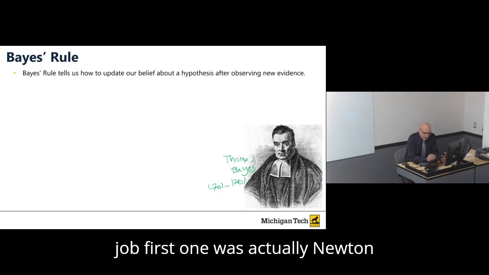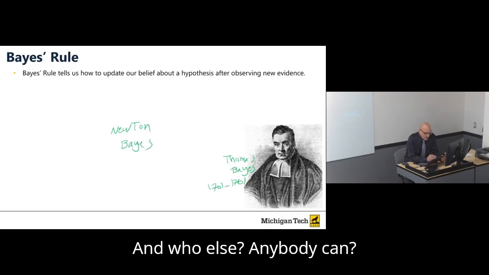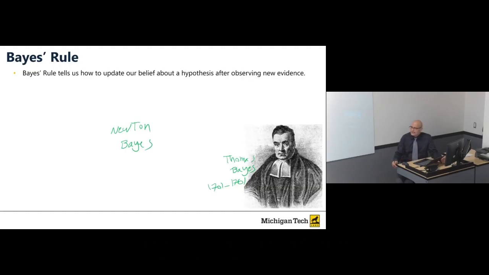The first one was actually Newton. That was before. And then Bayes. And who else? Can anybody guess? Isaac Newton, Thomas Bayes. Anybody else?